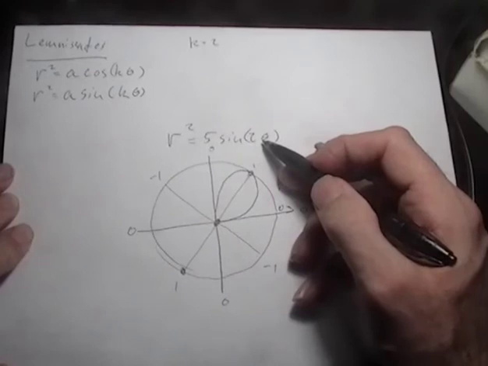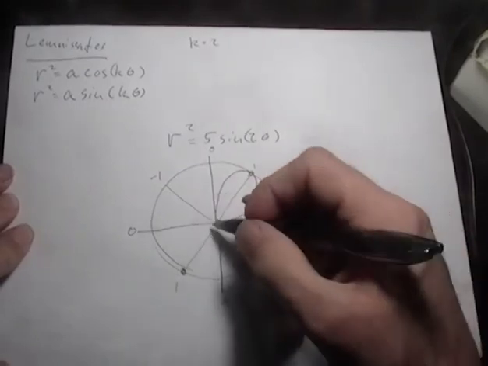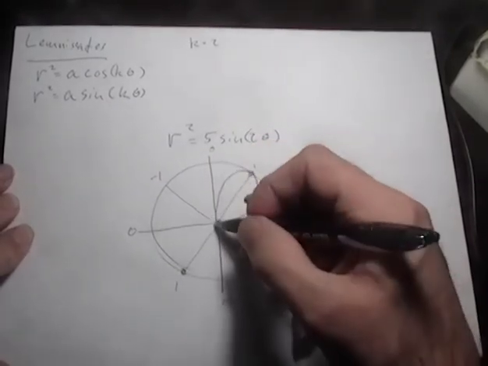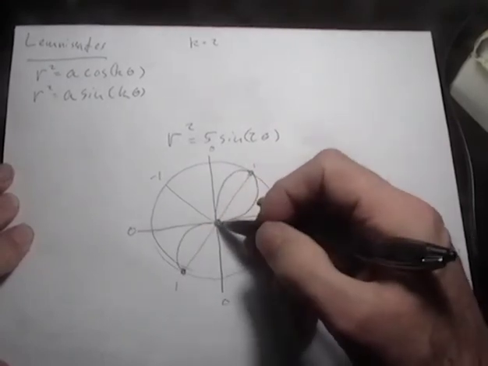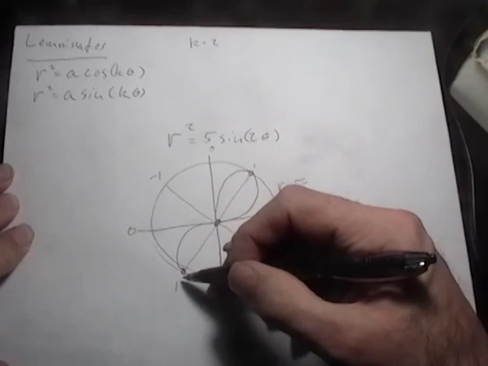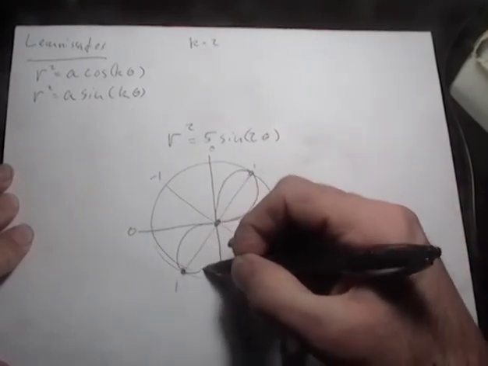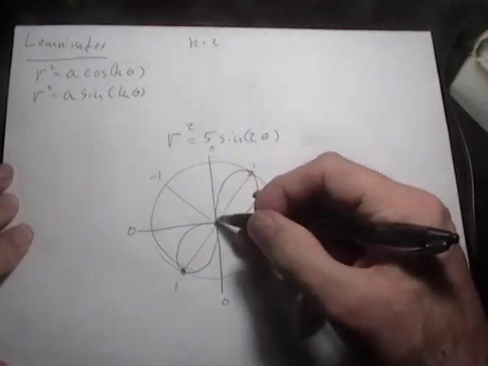Sine of 5 pi over 2 is the same as sine of pi over 2, which is 1. So in this direction, I'm moving out to r squared equals 5 again. So I'm going to draw this shape. Once again, I actually get positive root 5 and negative root 5 at the same time. So technically, as I'm drawing this, I'm also retracing this.